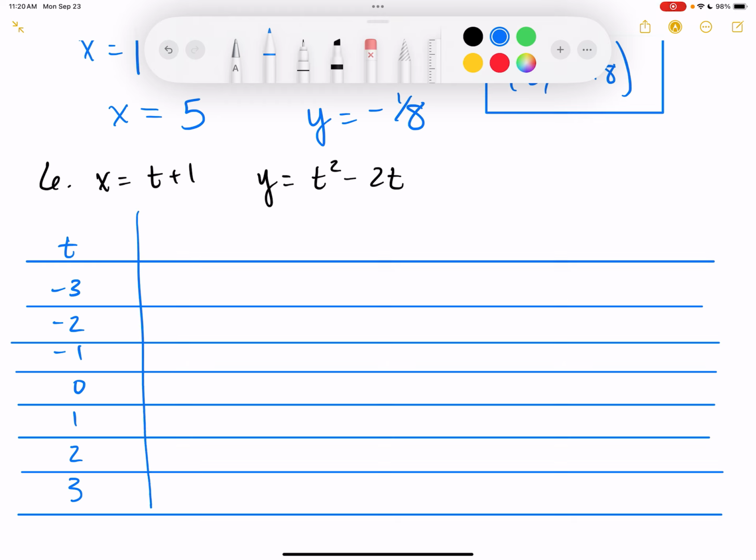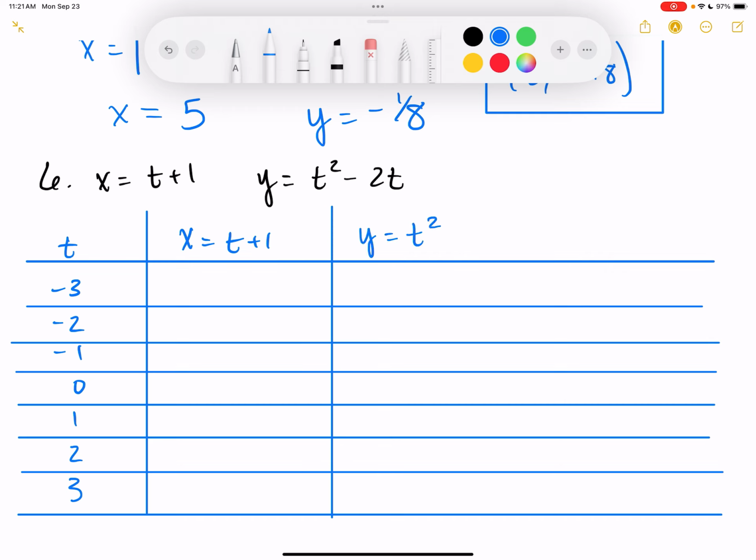And then we're going to have another column that's x equals t plus 1, so we'll be plugging in whatever the t value is to that. y equals t squared minus 2t, we'll do the same thing there, plug it in. And then ultimately we'll get our xy pair.